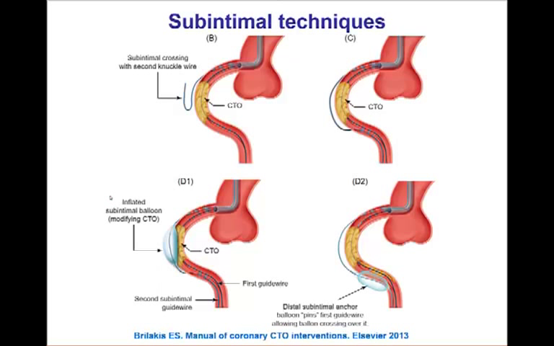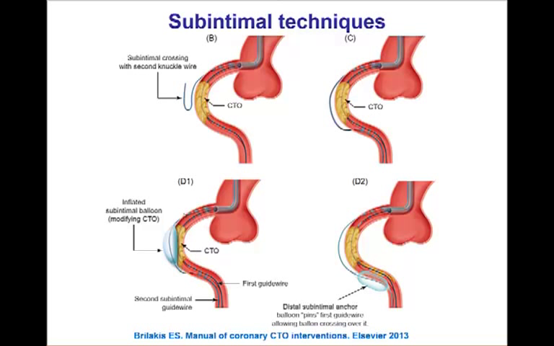And then we came to the last resort techniques, which are subintimal techniques for treating these balloon uncrossable CTOs. This is an example of one such lesion in which the lesion is crossed with a second guide wire in the subintimal space, and then one approach would be to re-enter distally and then crush the plaque, which was not successful in our case, as we'll show you in a second.